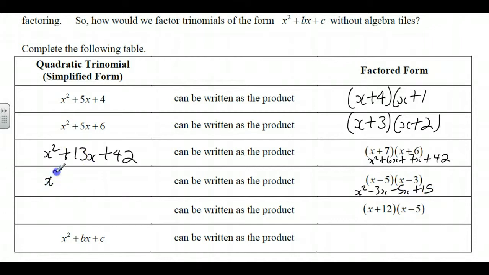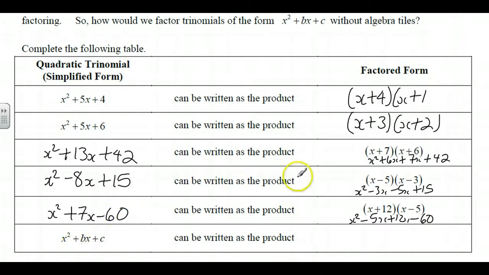And collecting, we get x squared minus 8x plus 15. x squared, so here we have a mixture of positive and negative, minus 5x plus 12x minus 60, which becomes x squared plus 7x minus 60.